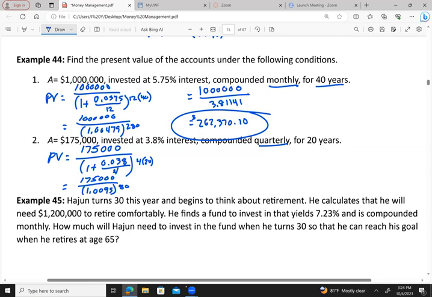So take it to the 80th power, and I end up with 175,000 over 2.1306. 175,000 divided by 2.13062 gives me a final result of $82,135.72.